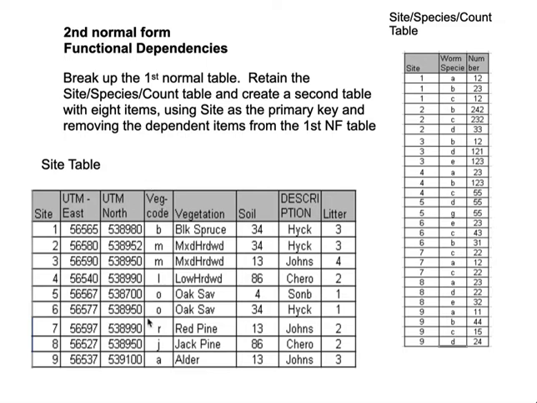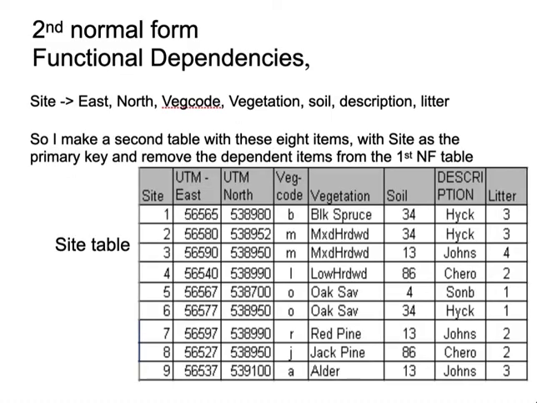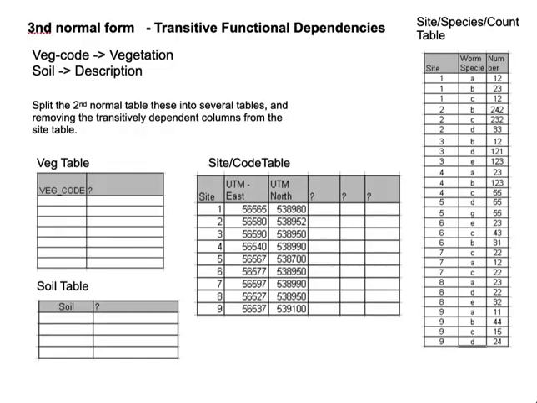So basically, I have to pull out a veg table and a soil table, because those are my functional dependencies, right? If I know site, I know easting, northing, veg code, vegetation, soil, description, and litter. So I make a second table of these 8 items here, and to split the functional dependencies out of that, I'm going to go to third normal form, right?